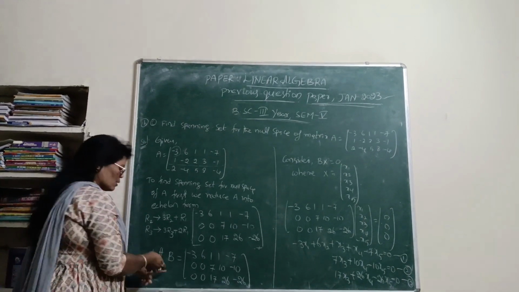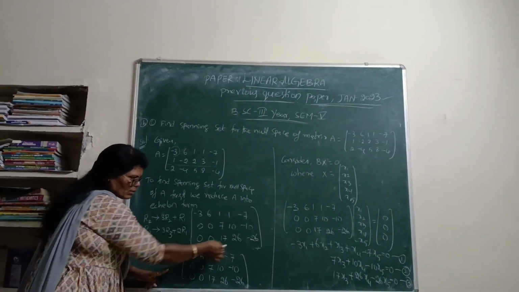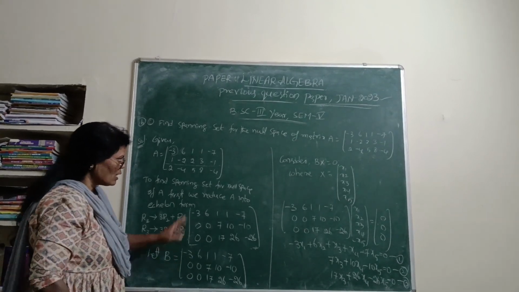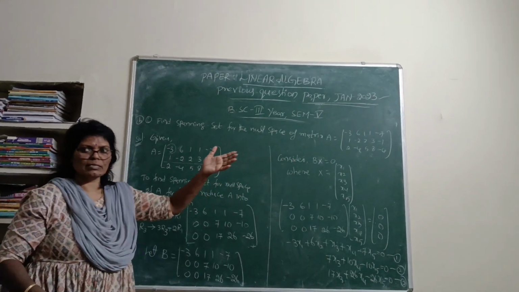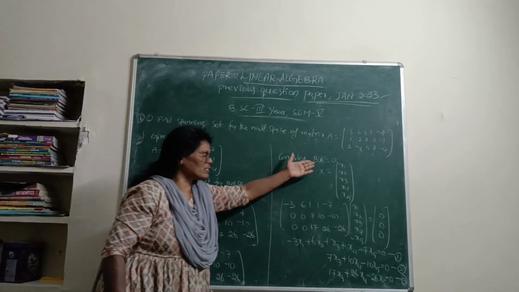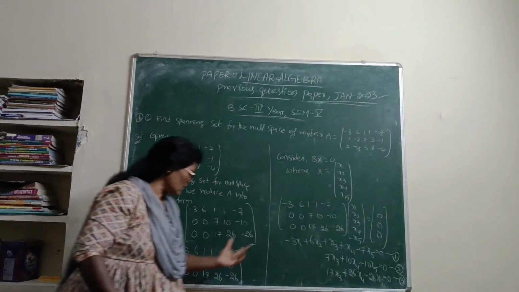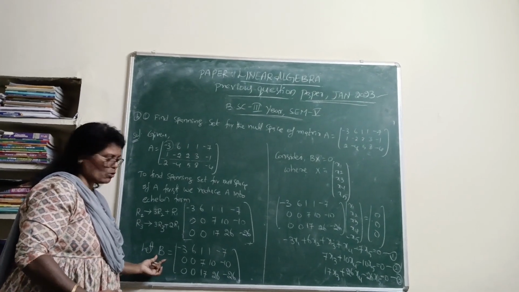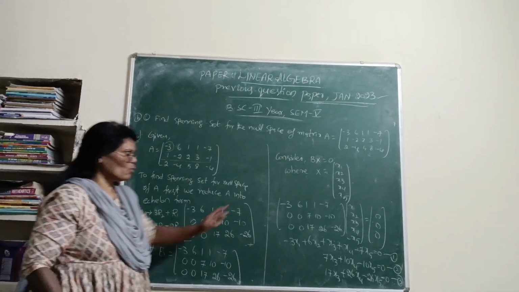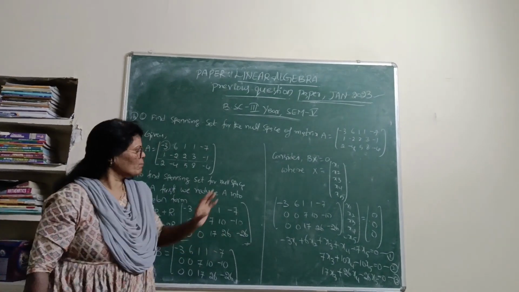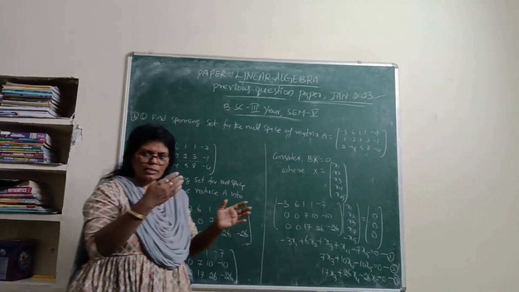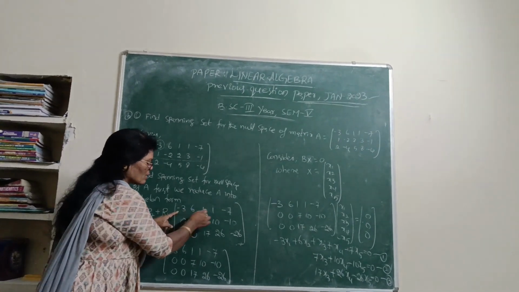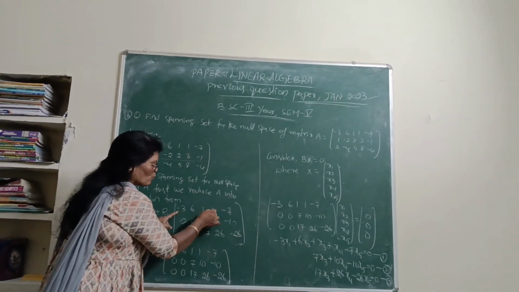We'll call the reduced matrix B. By the definition of null space, Ax equals 0. Here we take the reduced matrix B, so Bx equals 0, where x is x1, x2, x3, x4, x5, because there are 5 elements: 1, 2, 3, 4, 5.